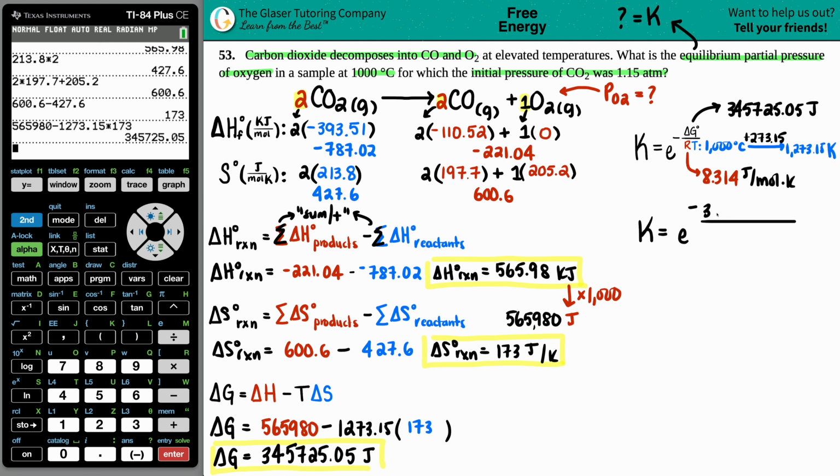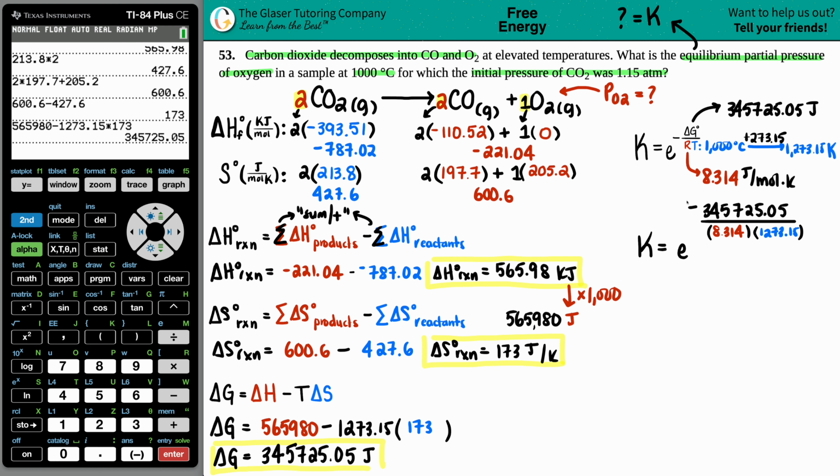Delta G, 345,725.05, divided by the R value, 8.314, and then we have the temperature, 1,273.15. Let's just bring this down to emphasize that the e is being raised to all this.